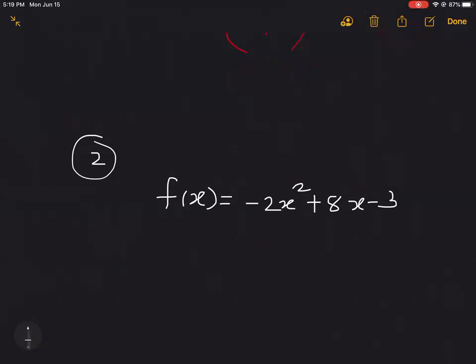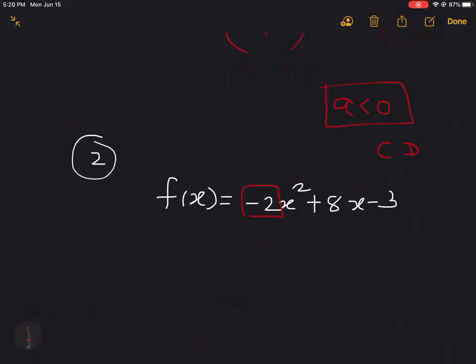That's the main function, and we want to calculate the vertex and the axis of symmetry. We can also see whether it's concave up or concave down. First of all, we can clearly eyeball that our a is negative, and we know that if a is negative, then the graph is concave down, so the conclusion is that this will be concave down.